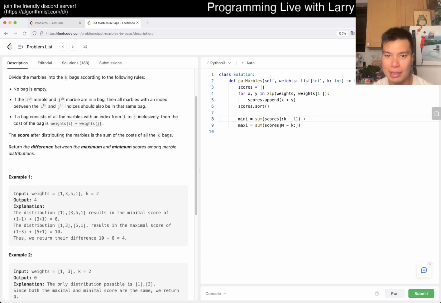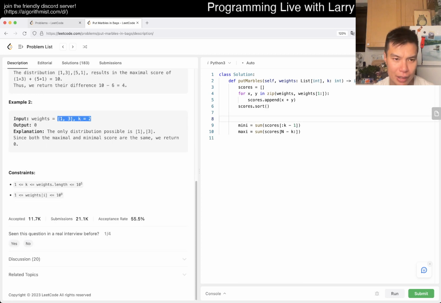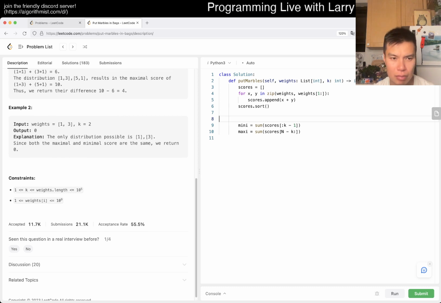And then just plus weights of 0 plus weights of the last weight, right? I might have to be careful with something like this one. Maybe. K is equal to 2, 1, 2, maybe, I don't know.